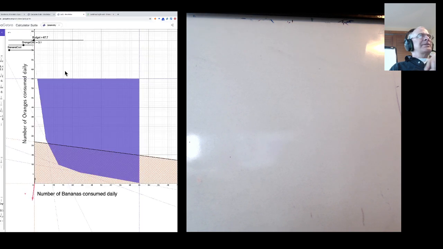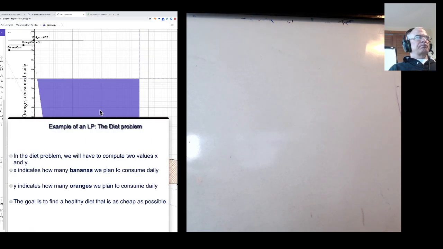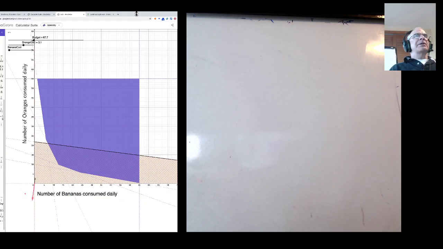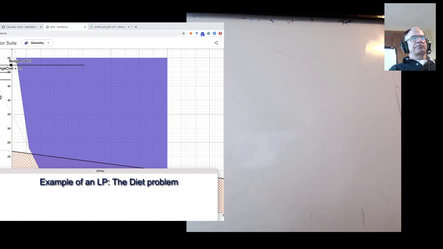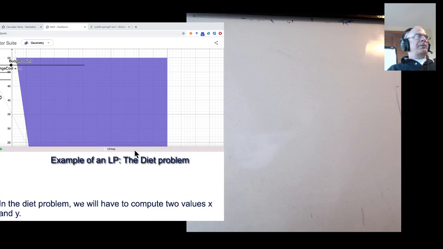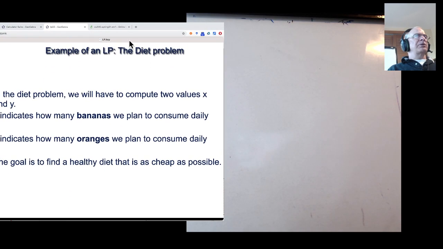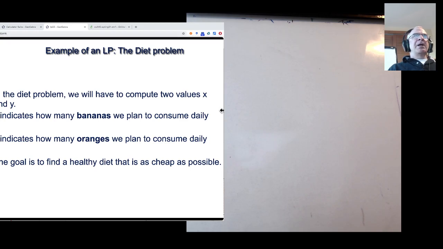In the diet problem, we have the cost of the banana, and we'll use the x coordinate to represent it because we like geometry and we want to represent everything as geometric problems.